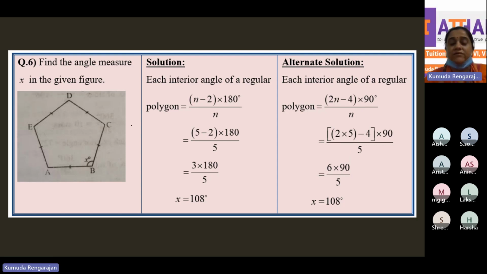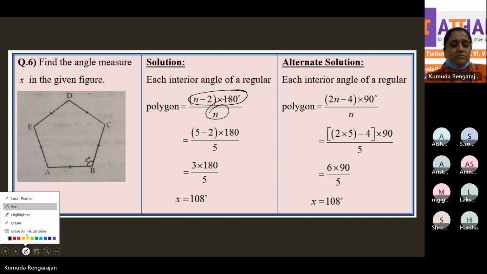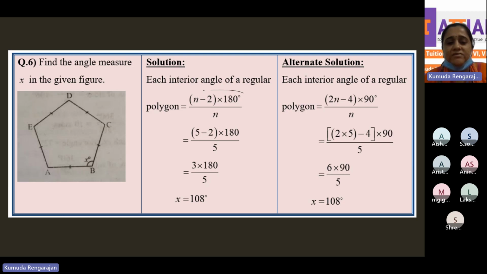If it's a regular polygon, the sum of all the angles is n minus 2 into 180, divided by n to find each angle.